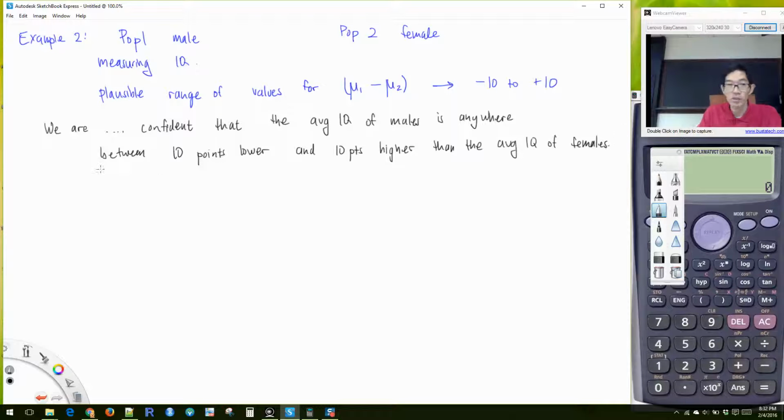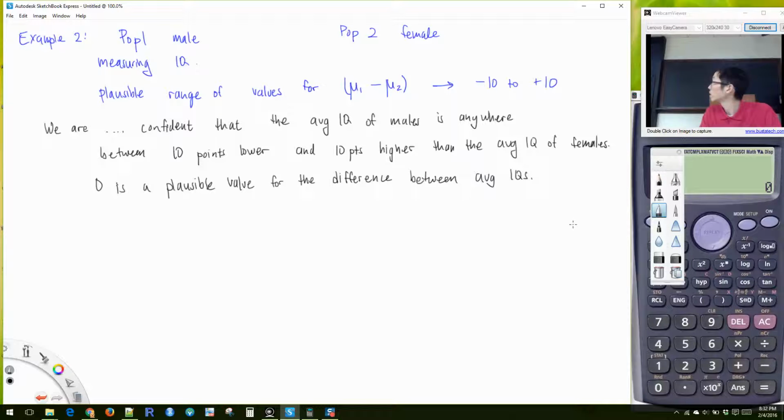So what we have here is that 0 is a plausible value for the difference between average IQs.